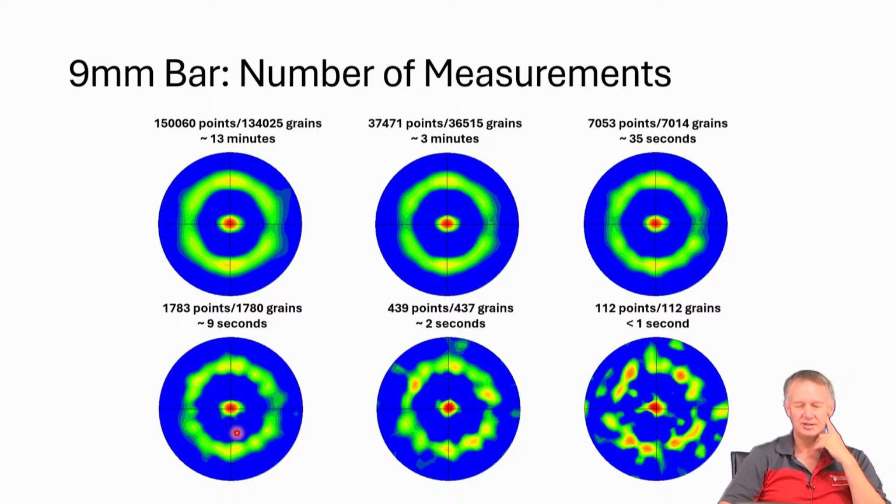If I had a really strong texture, if I had a single crystal, then all I need with EBSD is 1 measurement, right? That represents the texture if I have only a single crystal. For a completely random texture, maybe I would need to go up to 10,000 points or something before I got reasonable statistics, instead of 1,000 like we did here.